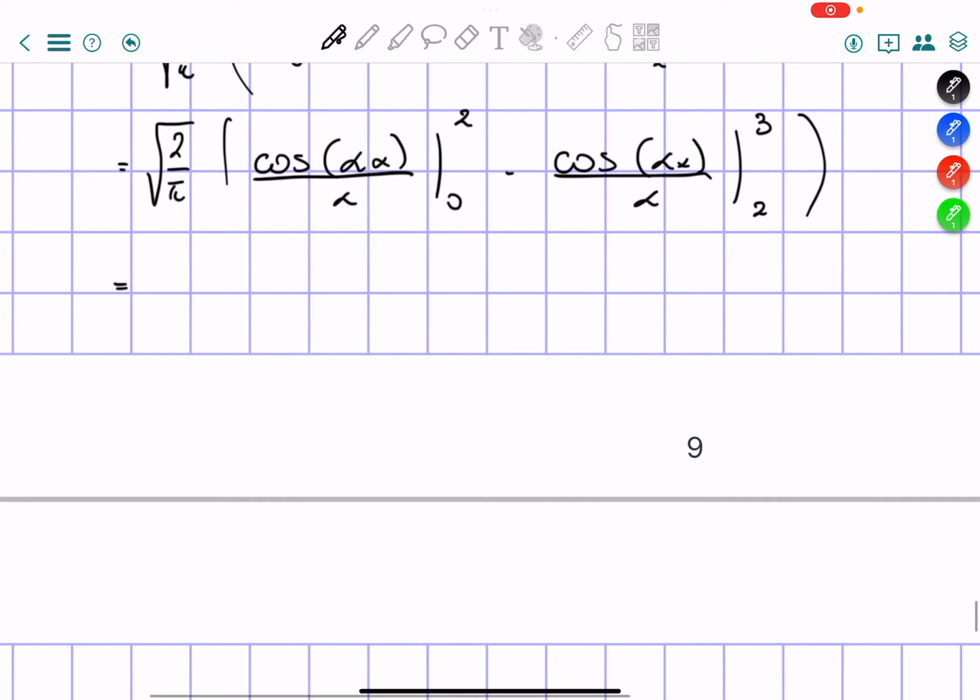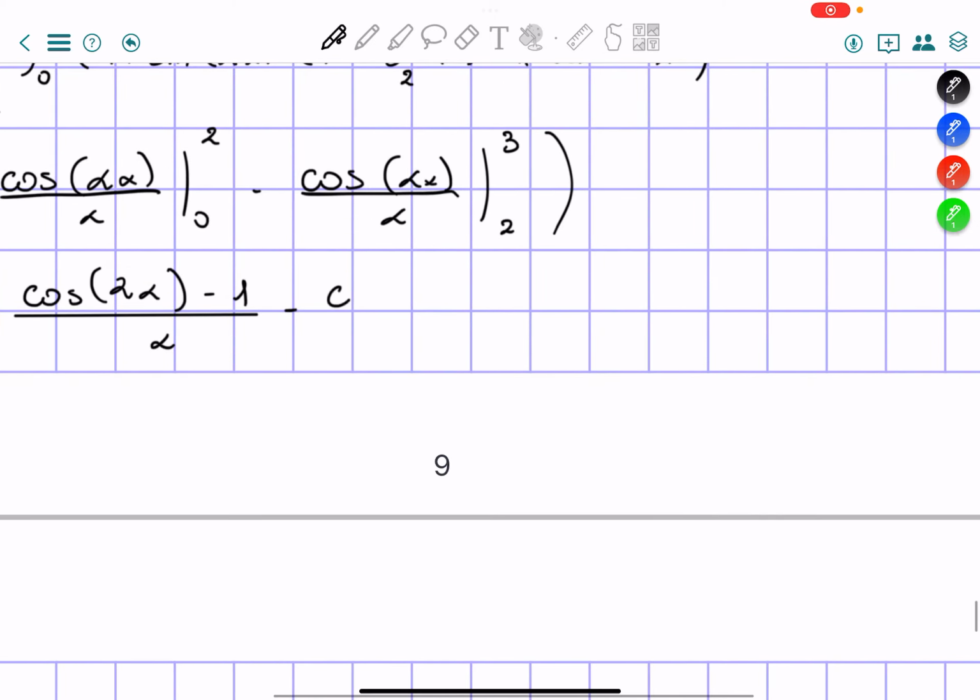Solving it, we get square root of 2 over pi times cosine of 2 alpha minus 1, because cosine of 0 is equal to 1, all over alpha, minus cosine of 3 alpha plus cosine of 2 alpha over alpha.